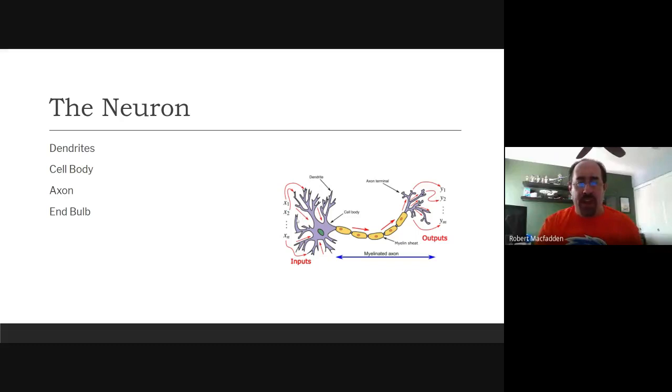When the neuron fires, if enough neurotransmitters input onto the dendrites, they excite the cell body, and that fires an electrical charge down the axon to the end bulb, which then launches off all of the neurotransmitters to the next waiting dendrites, to the next cell.